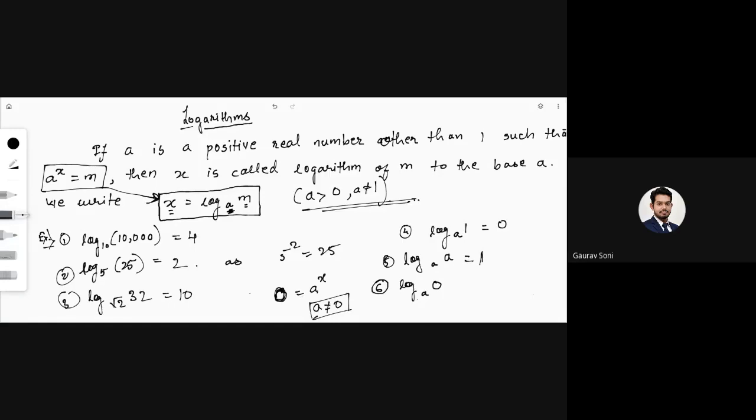So can you identify, say I'll take a is equal to 2. So 0 is equal to 2 raised to x. Can you identify x, at which power the answer will turn out to be 0? So is there a number such that the power of 2 will turn out to be 0?